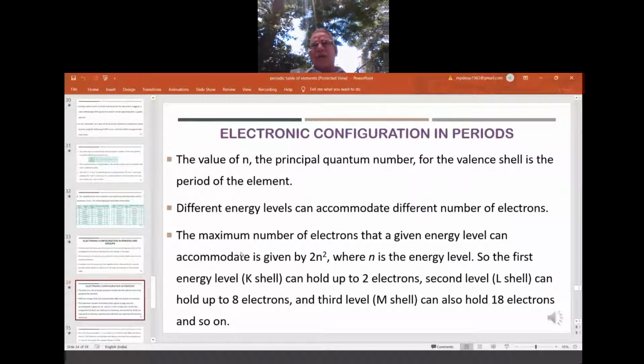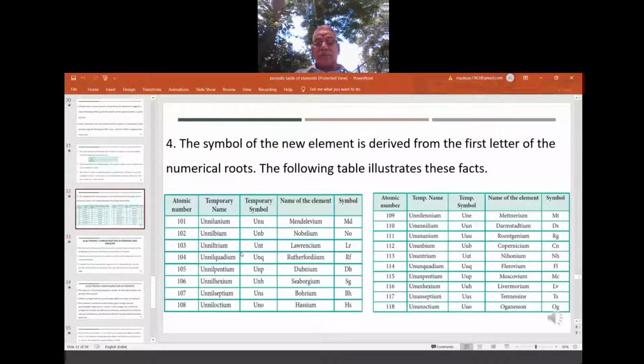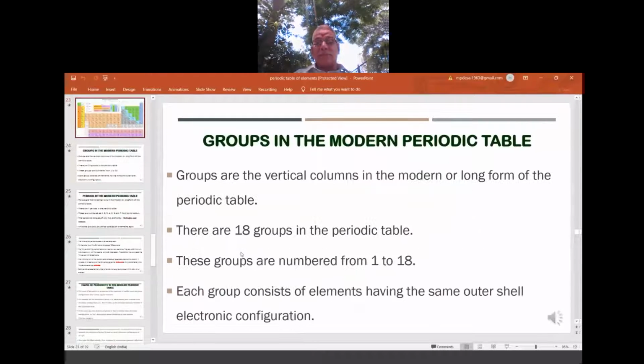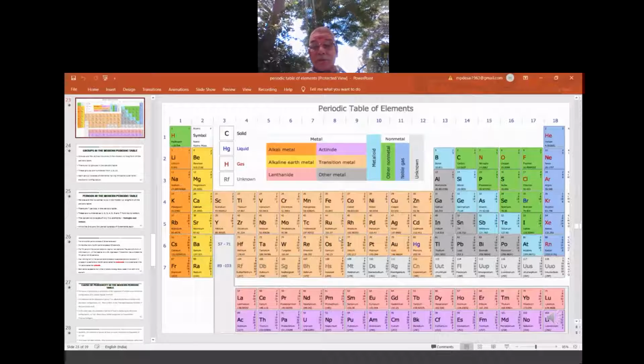When you move from left to right, lithium is 1s2 2s1. After lithium comes beryllium.